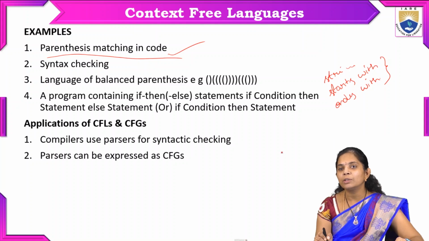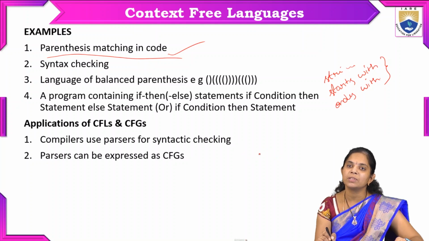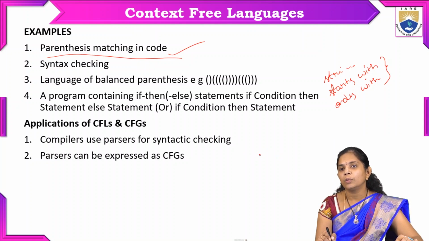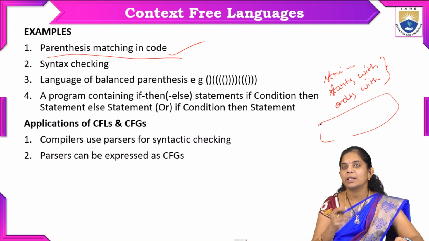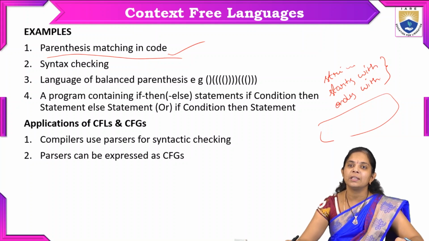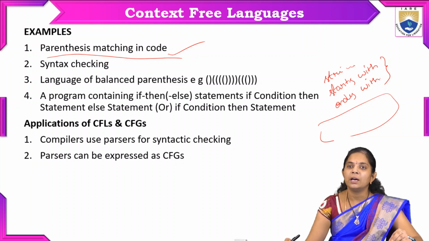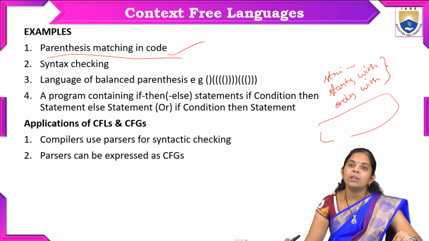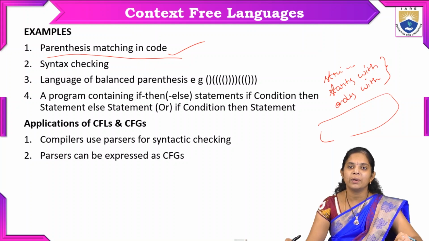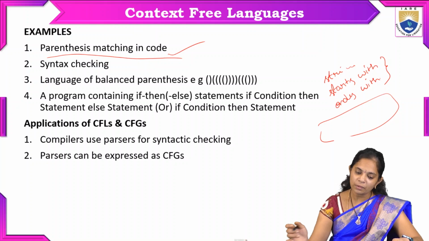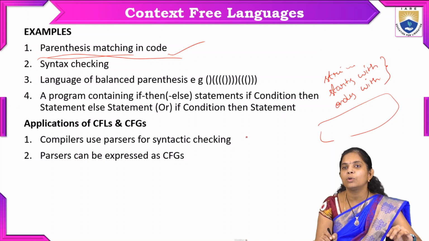If we compile some code, we get errors when the braces do not match. How do we know the brace is missing? We use this kind of model or machine in the programming compiler. The compiler takes the input and checks whether the string belongs to the language accepted by this machine. Whenever a parenthesis is there, we need to check for the closing parenthesis.